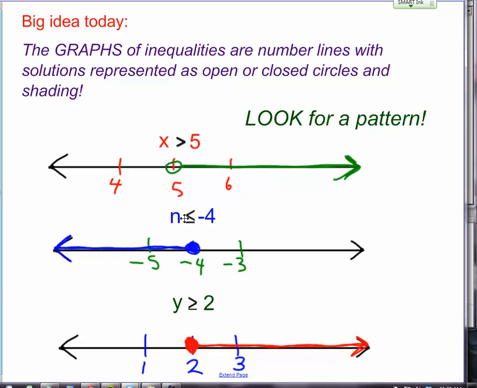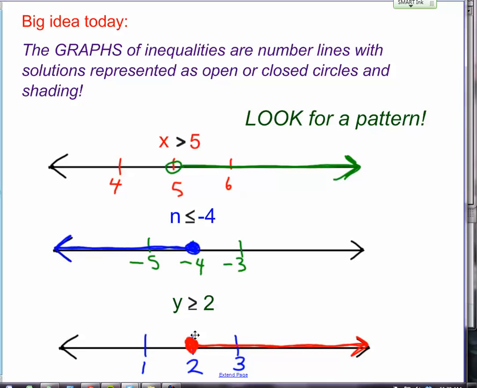And then because the number can equal -4, we have a solid closed circle, and we shade to the left because we want all the numbers that are smaller than -4 or equal to -4. And I can pick -5 and substitute it to test to see if I shaded the correct side. -5 is less than -4, so I know I'm correct.